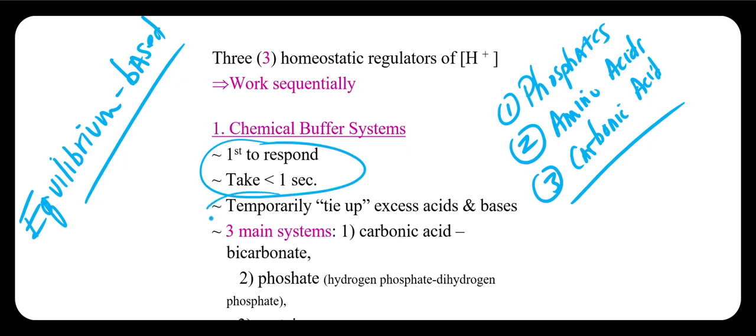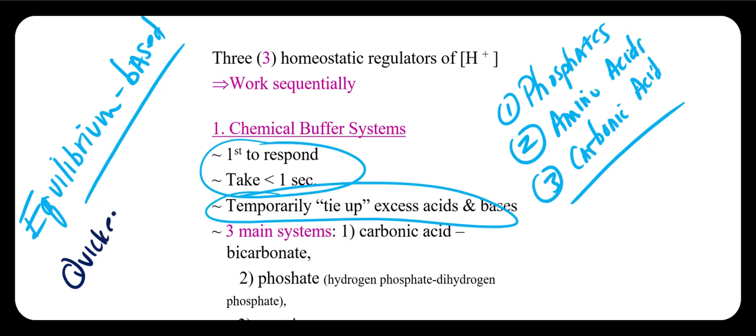That makes them a temporary tie-up of acids and bases. So this one is going to be your quickest. It's also going to be your least permanent, because I can very quickly go to equilibrium, but I can very quickly go to another equilibrium.